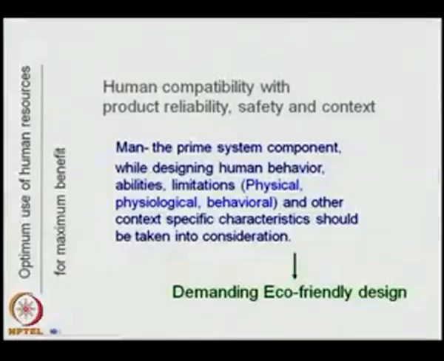Now, human compatibility means the optimum use of human resource for maximum benefit, human compatibility with product reliability, safety and context. Man is the prime system component, so while designing, human behavior, abilities, limitations, that is physical, physiological and behavioral, and other context specific characteristics should be taken into consideration.